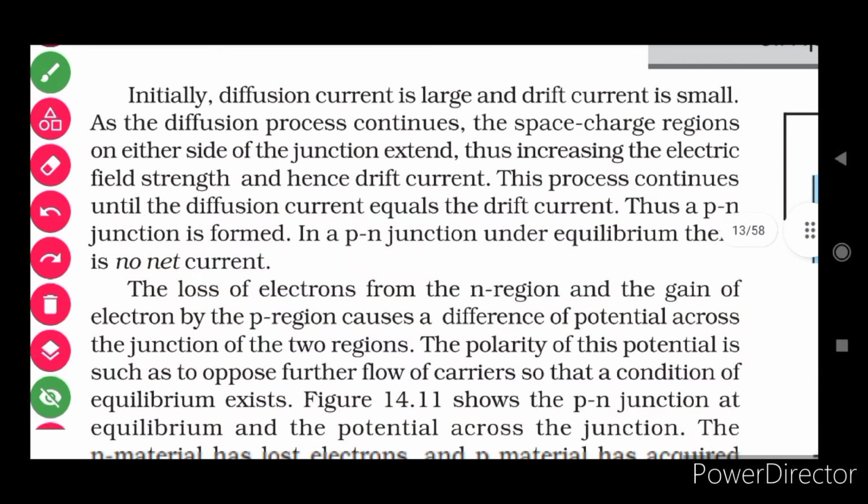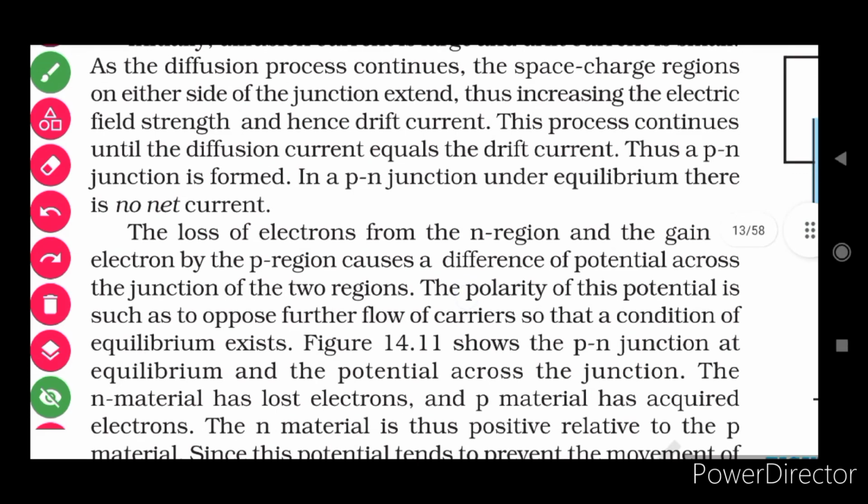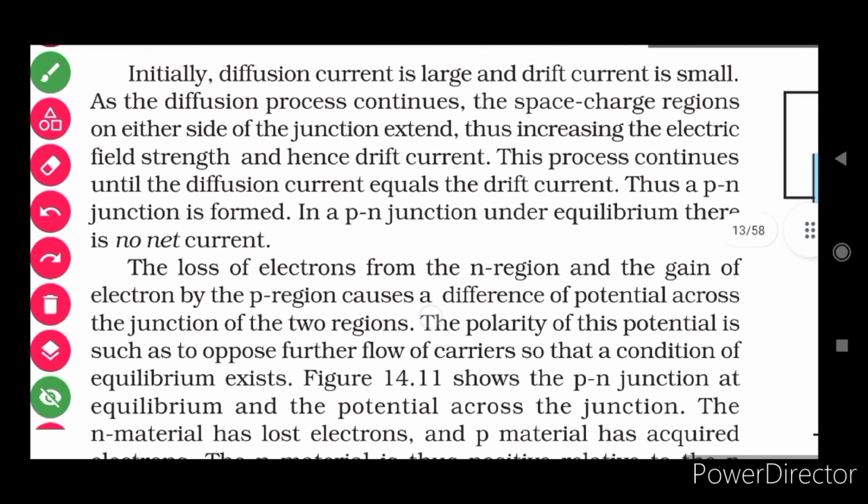As the diffusion process continues, the space charge region on either side of the junction extends, thus increasing the electric field strength. Okay, so as diffusion occurs, the electric field strength increases, hence the drift current also increases.